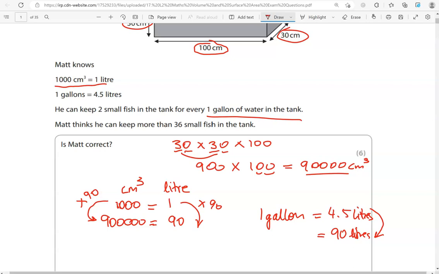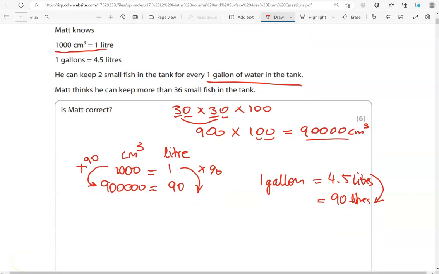Or what do we multiply 4.5 by to get 90? Now 4.5, if we double 4.5, that gives us 9. And then from 9 to 90, we can get by multiplying 9 by 10. So this is the same as multiplying 4.5 by 20.